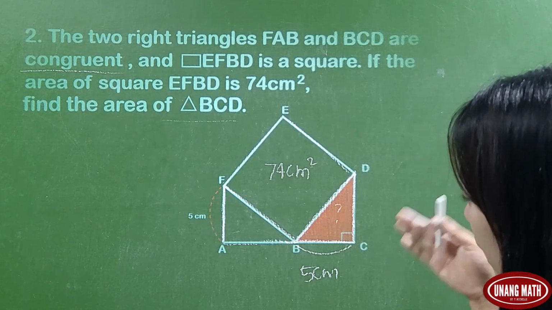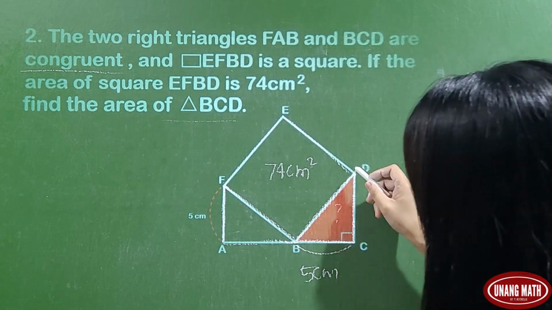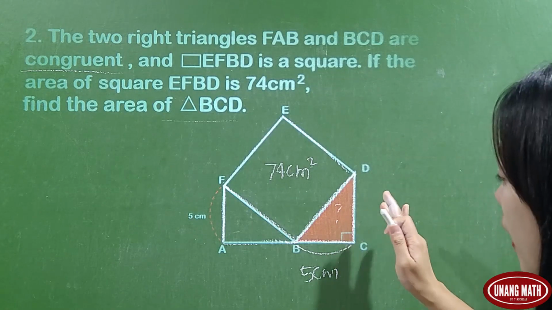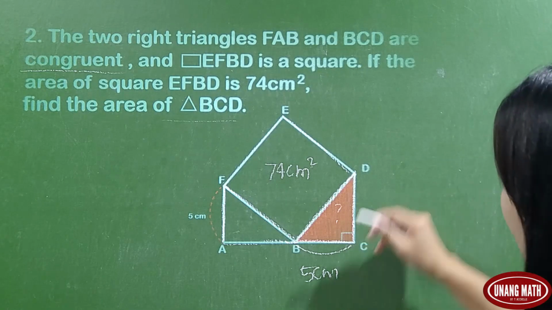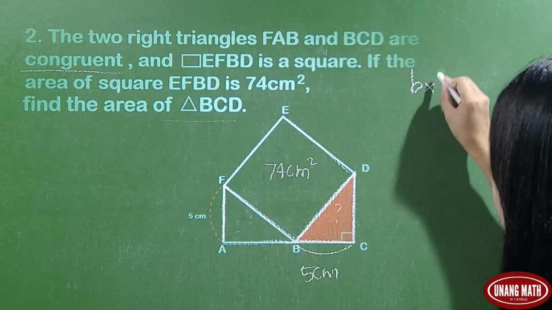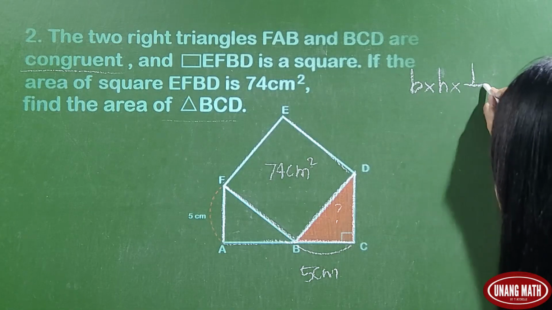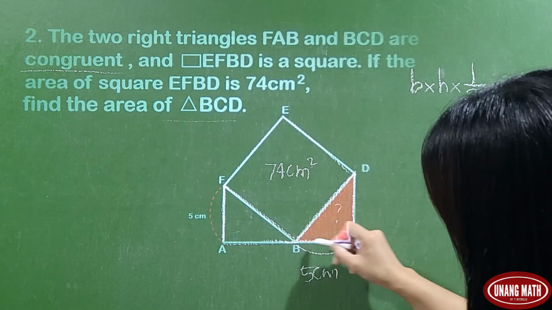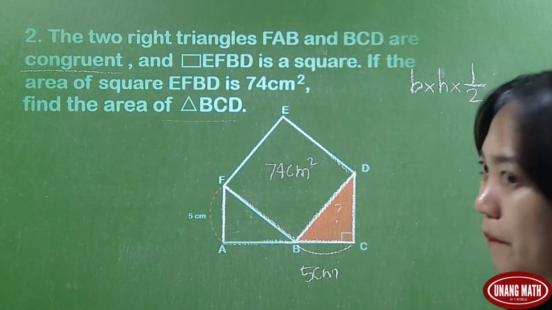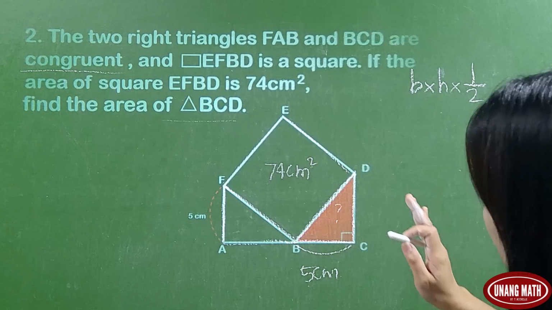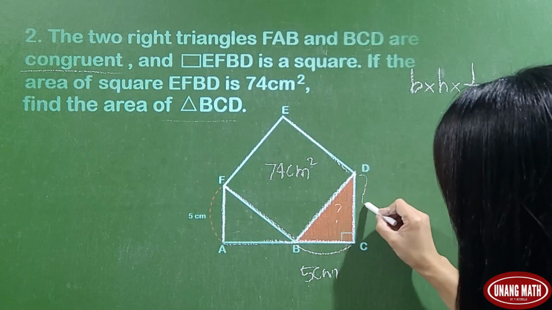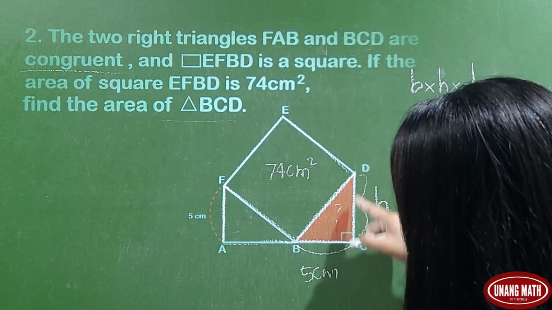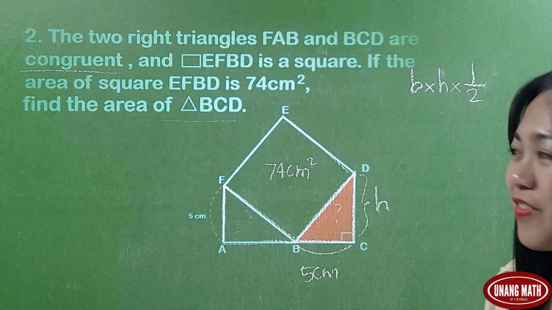To find the area of a right triangle, we have to know the base times the height, and we multiply that by 1/2. We now know the base of this right triangle, but we don't know the height, or this side of this right triangle.